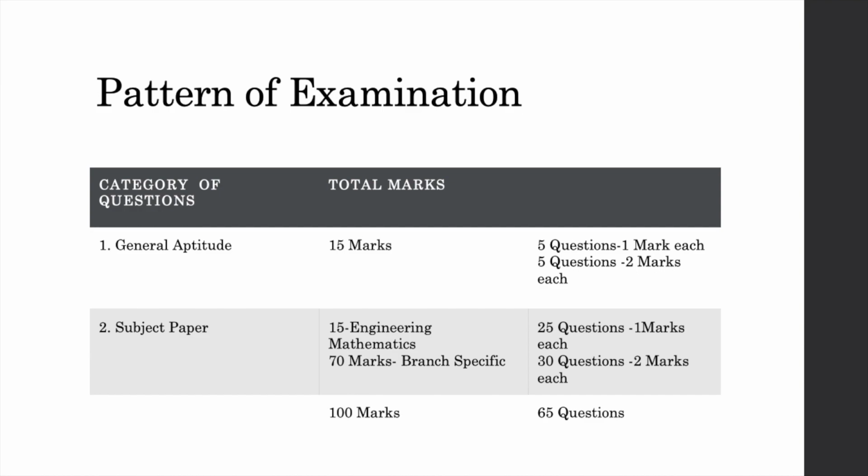So we have total marks of 100 and the total questions being asked is 65. Now we have a clear idea about what types of questions are being asked in the examination. We have still not discussed what specific things are asked, but in general these are the marks allotted to the different categories and types of questions as provided in the slide.